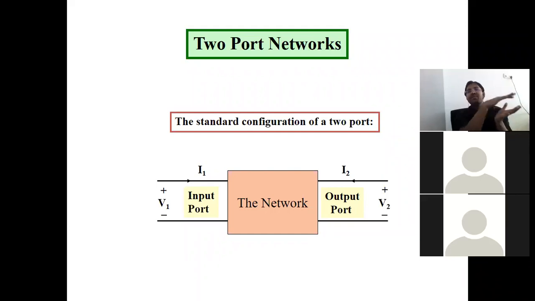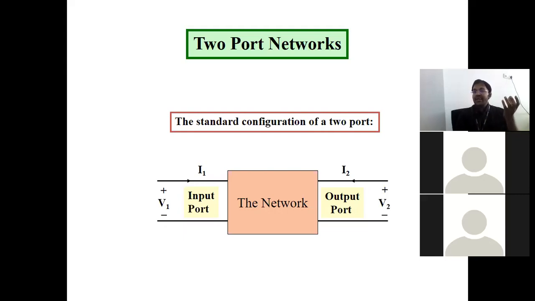If I represent my transistor amplifier, what does an amplifier have? Input and output, isn't it? Input port, output port. Input is a smaller signal, output is an amplified signal. So I can view my transistor amplifier as a two-port network.